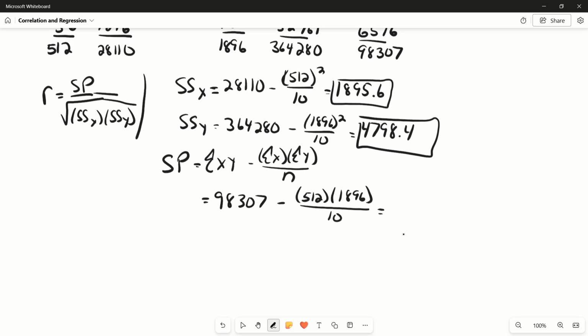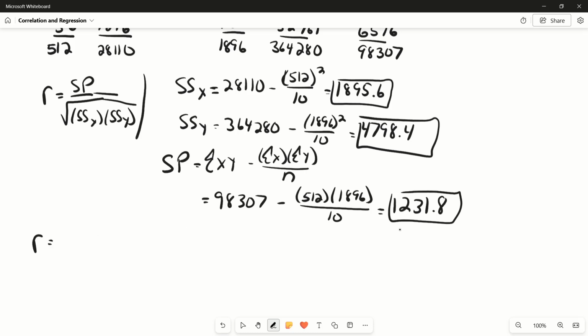When I simplify that, I get 1231.8. All you do here is multiply out, divide by 10, and subtract that quotient from this first value. And you're pretty much set up to do R here.